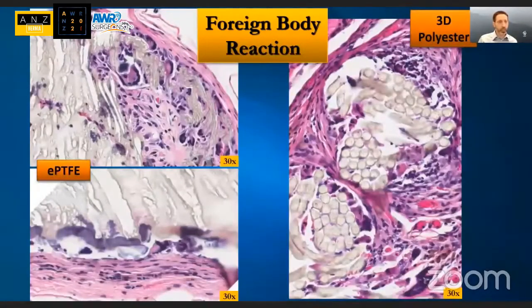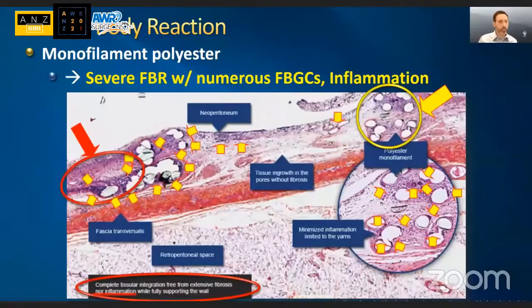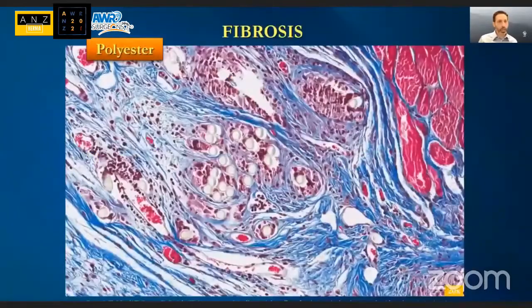Even things that we don't implant in the groin, but just to discuss material science, like PTFE, but also things we do implant in the groin like polyester, can induce a significant foreign body reaction. Well, what about some of the newer monofilament polyesters, things like ProGrip and Versatex? These can also induce significant foreign body giant cell responses as well as inflammation, and also fibrosis, that is, the quantity as well as the characteristic of the fibrotic and scar response to those materials.